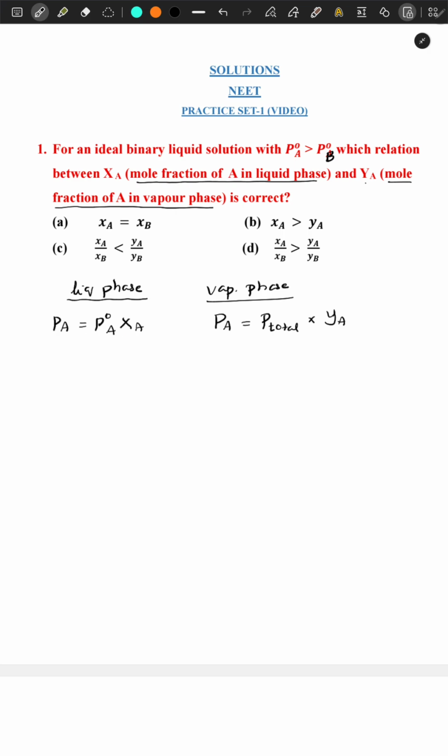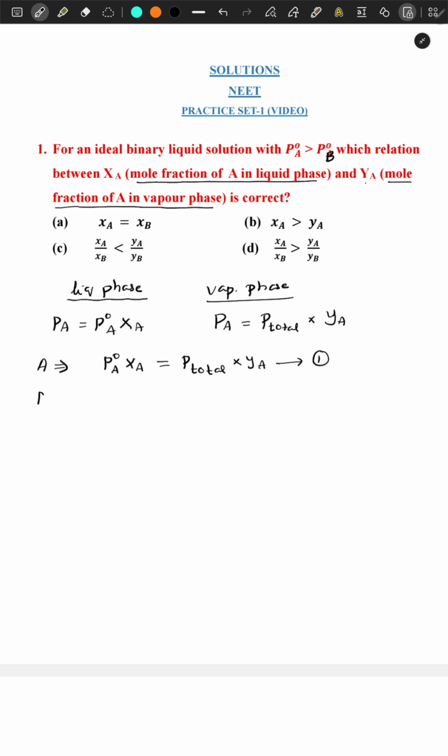Now you can equate these two, because the LHS are the same. So you will get P0A chi A equal to P total into Ya. This is for component A, or liquid A. You call this equation number 1.